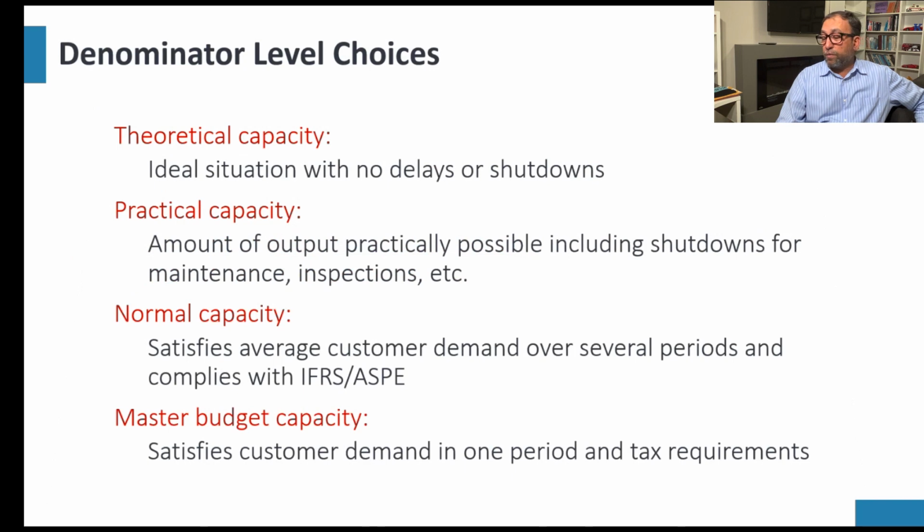Now there are four different categories which we can use in our reports. One is called theoretical capacity. Theoretical capacity means what is written, that they can perform up to that point.